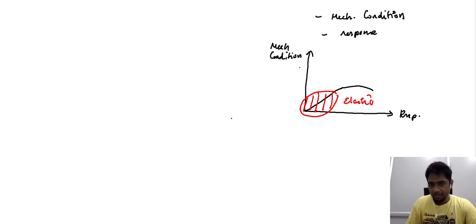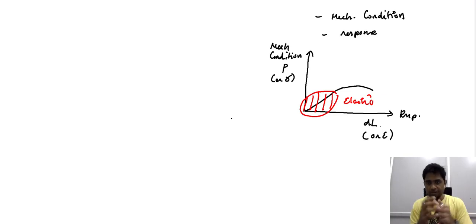The mechanical condition we include in this description can be either in the form of load or stress, and the same goes for the response, which can be elongation or strain.